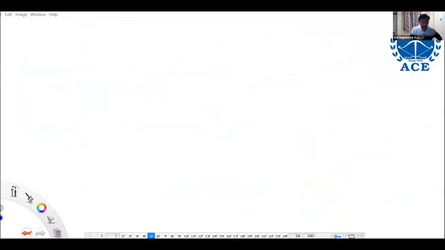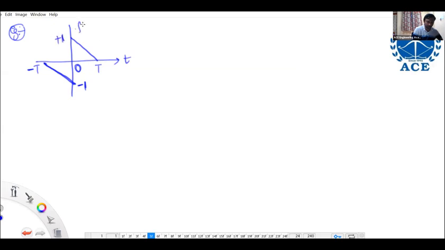In one of the exams, the question was asked like this. A function f of t is taken like this. What is the nature of its spectrum?